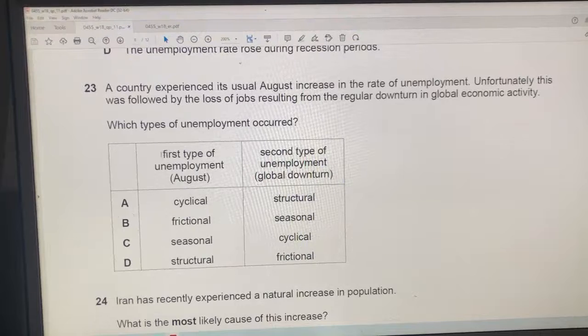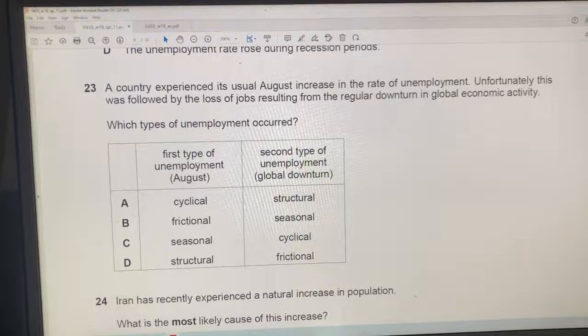They have these listed by types of unemployment. So the first type is seasonal. I believe that's seasonal because they mentioned August, and seasons occur within a period of within the year.